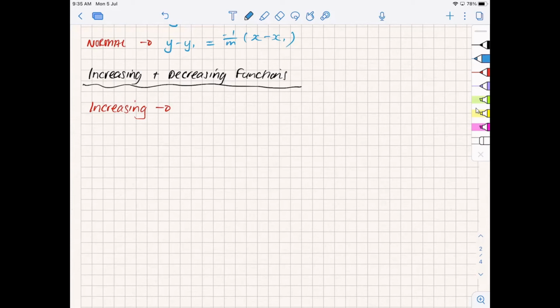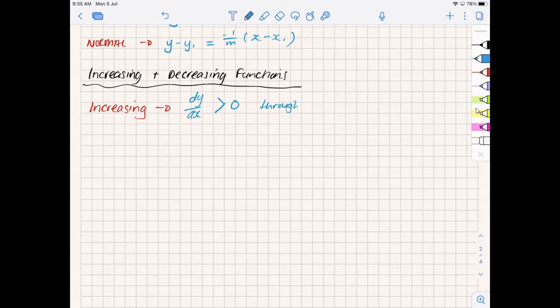If it's 0, that means it's a stationary point. For an increasing function, its rate of change is positive. So it's not equal to 0, it is greater than 0.